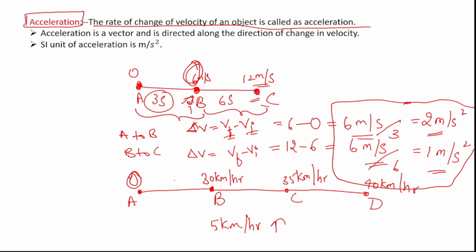So again its velocity is increasing by 5 km per hour. When velocity increases by 5 km per hour, its speed also increases. Likewise we are accelerating the car, we are increasing the speed of the car. So this is called acceleration. The rate of change of velocity is called acceleration.